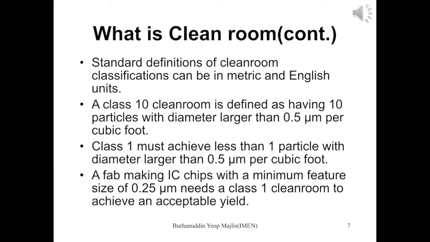And class 1 must achieve less than 1 particle with diameter larger than 0.5 micron per cubic foot. A fab for making IC chip with a minimum feature of 0.25 micron needs a class 1 cleanroom to achieve an acceptable yield.